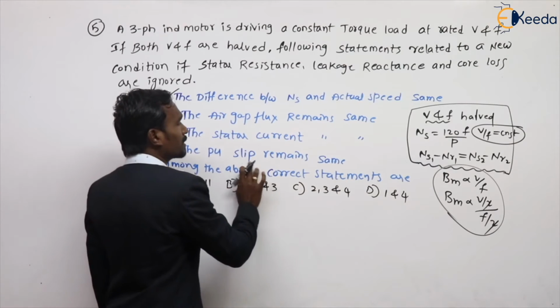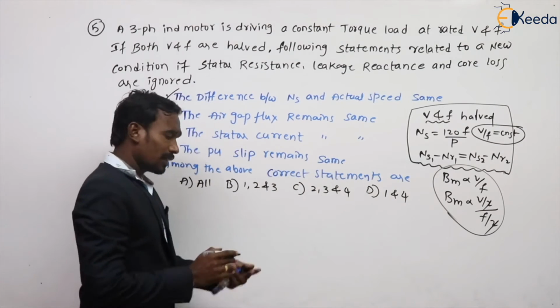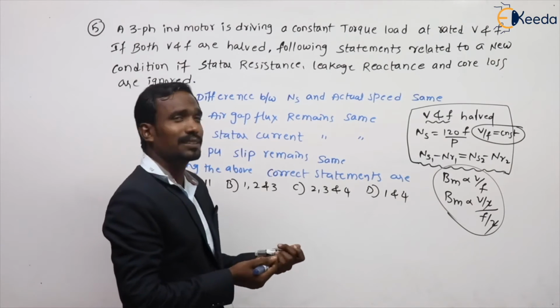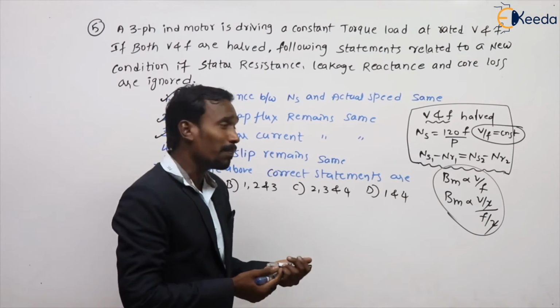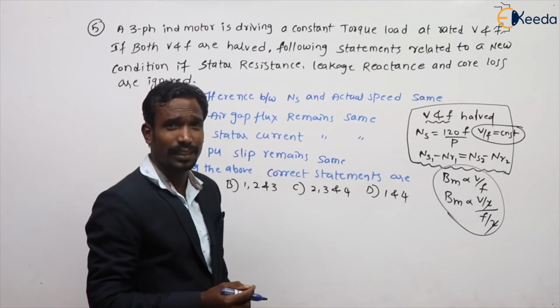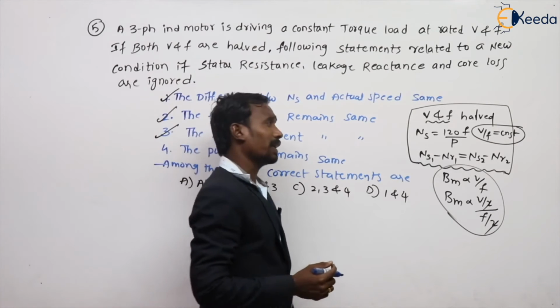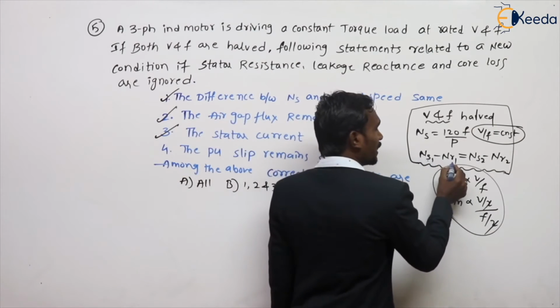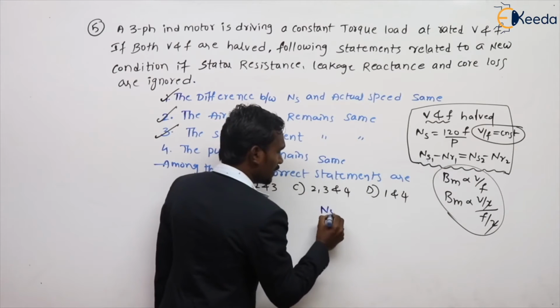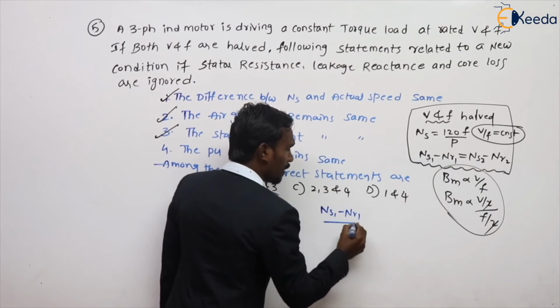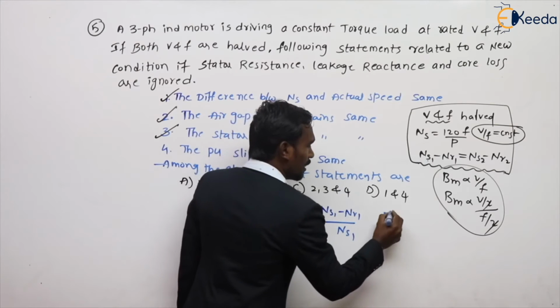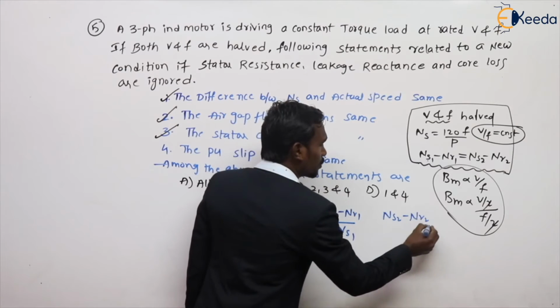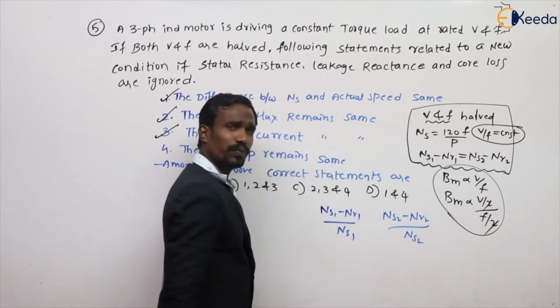The per unit slip remains the same. Is it correct? No, it is not correct, because even though ns1 minus nr1 equals ns2 minus nr2, per unit slip is ns1 minus nr1 by ns1 versus ns2 minus nr2 by ns2.